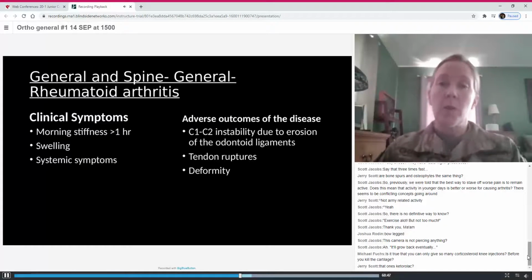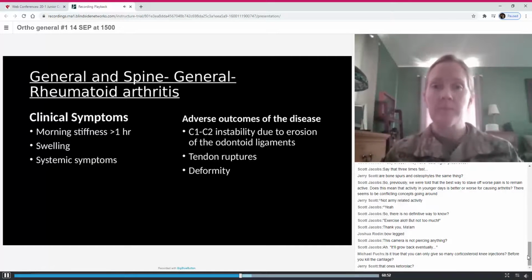So what symptoms would a patient with rheumatoid arthritis present with? The pretty typical one that everyone loves to include in their test questions is morning stiffness that lasts more than an hour. So if they have trouble warming up their hands, those might be the words they use, and that may be an indication of rheumatoid arthritis.